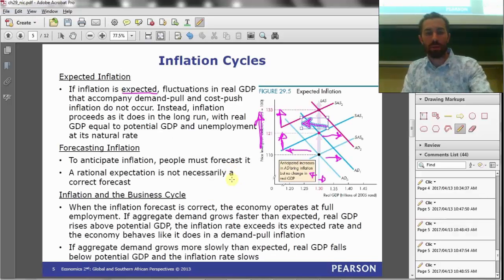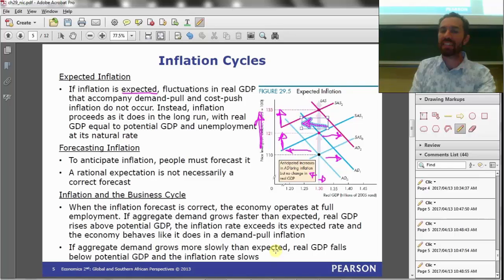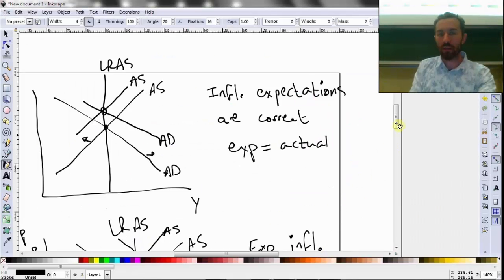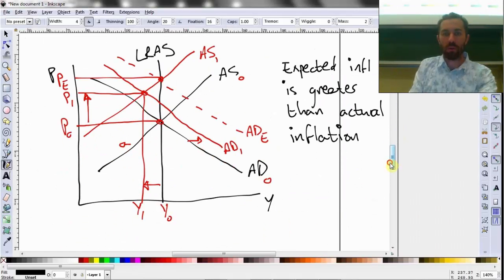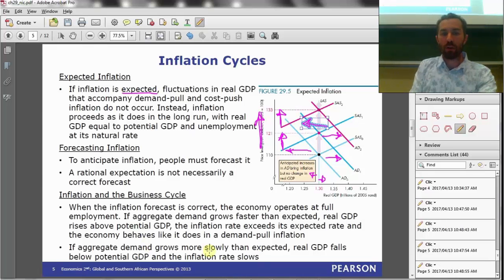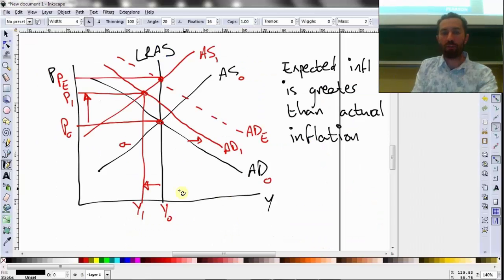So the statement here was if aggregate demand grows more slowly than expected, real GDP falls below potential GDP and inflation rate slows. So what happens? We've got inflation, but it's not as high as what was expected, so we have a decrease in output.